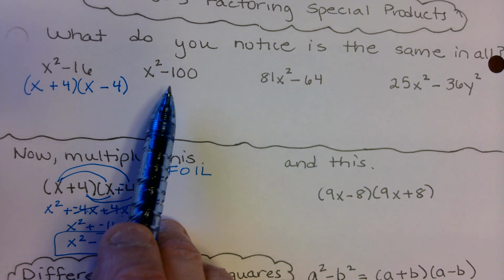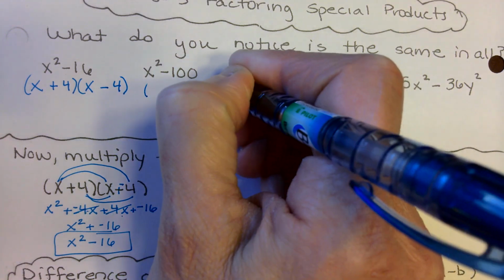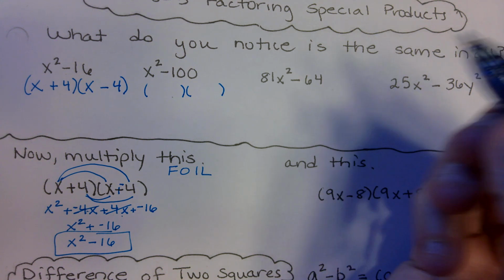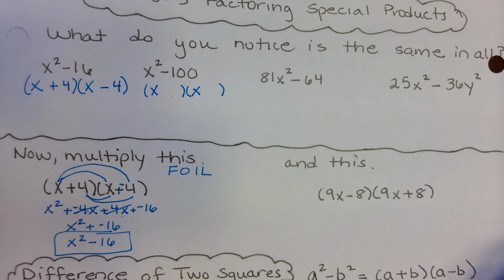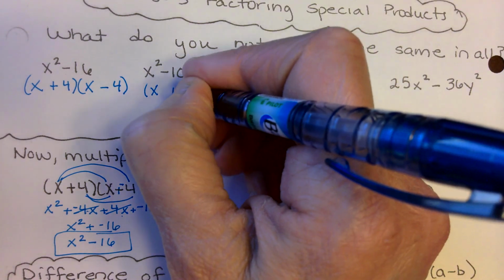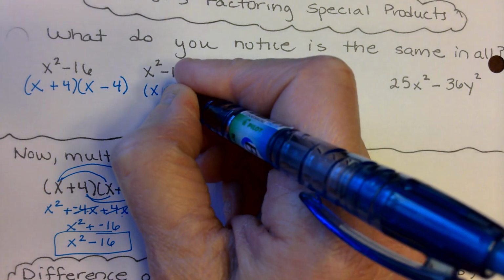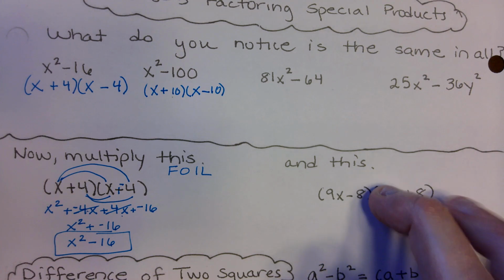Okay, why don't you guys try that one? Square root of x squared, x. Square root of 100, 10. Now what do I do? One's plus, one's minus. All right, multiply this out.